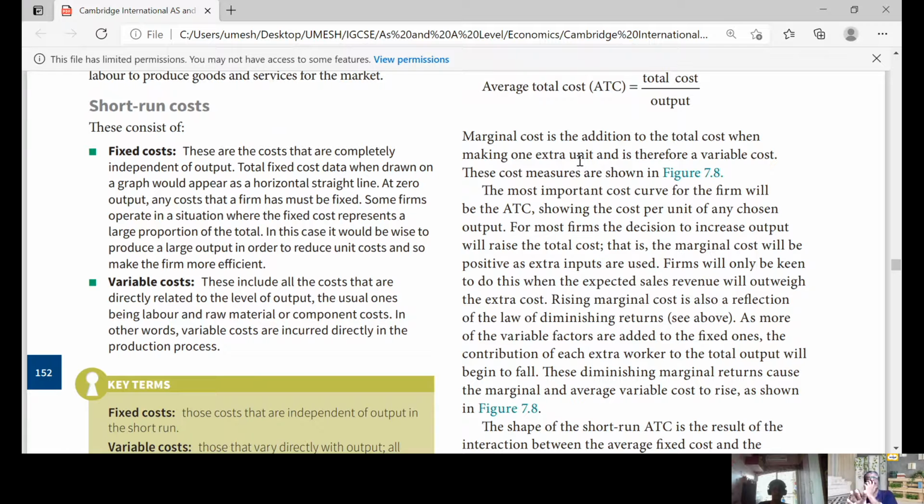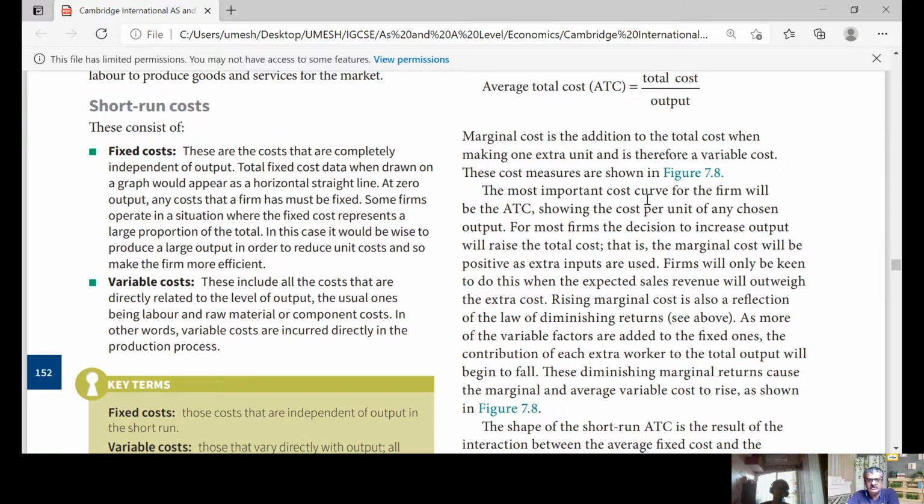For example, for 100 umbrellas, you have paid 1000 rupees. And for the 101st umbrella, the total cost becomes 1011. So the marginal cost is 11 rupees, which is the addition to the total cost while making one extra unit of umbrella. And therefore a variable cost.